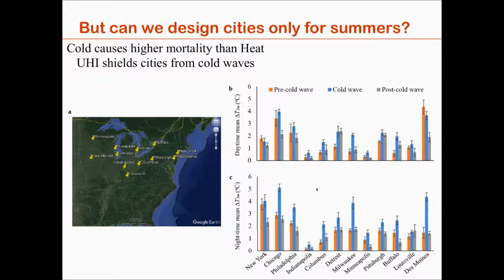And this is for a period before the cold wave, during the cold wave, and post-cold wave. You see that all these numbers are positive, so the urban heat island is always heating the city and sheltering it from extreme cold.